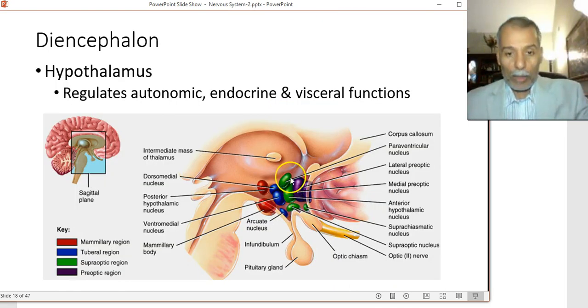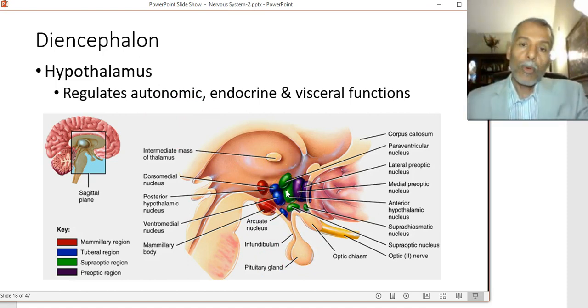The hypothalamus, you can see inside of it now, it has several nuclei or several clusters of neurons. And you can see the pituitary gland here. It regulates primarily autonomic functions that you have no control over.